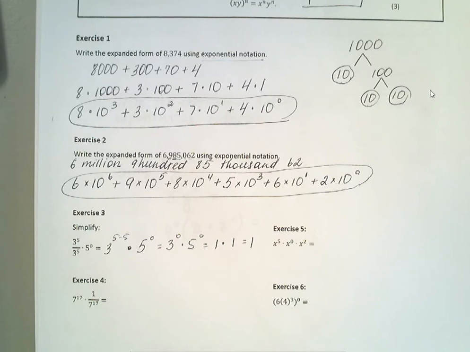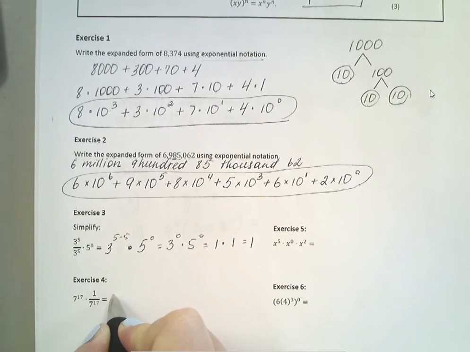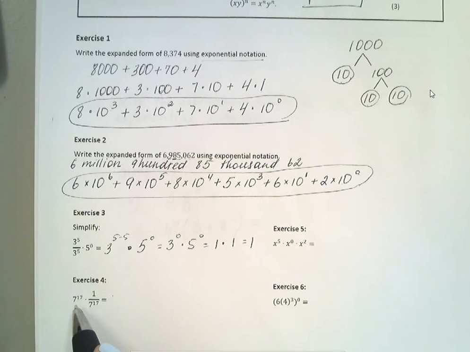Okay. Exercise 4, 7 to the 17th times 1 over 7 to the 17th. I can put any number on top of 1 and make it a fraction.